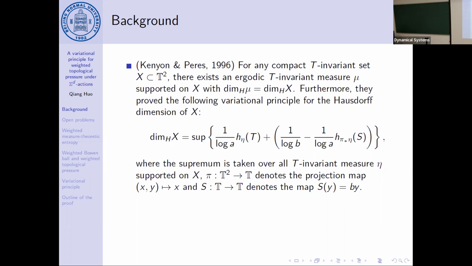One is entropy divided by log A. No, it is the difference of entropy divided by log A, and we subtract the weaker expansion, whereas entropy is just this h of pi star eta divided by this weaker Lyapunov exponent. So usually you have a sum of entropies divided by Lyapunov exponents in consecutive directions.